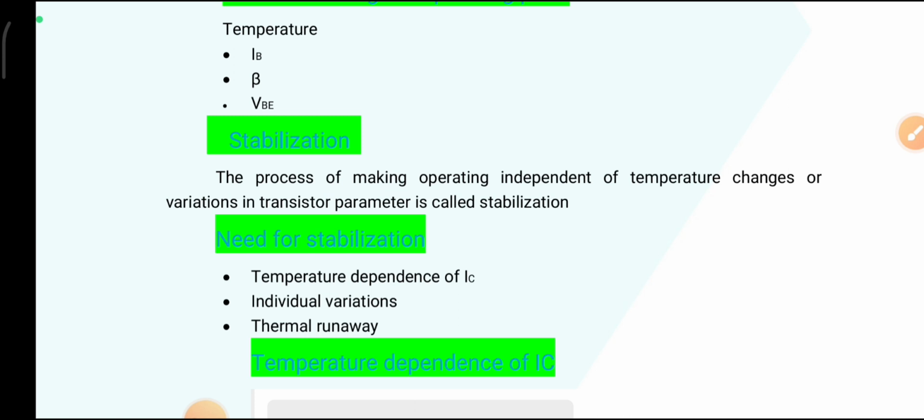So stabilization means the process of making the operating point independent of temperature change or variation in transistor parameters. I repeat, the process of making the operating point independent of temperature changes or variation in the transistor parameters is called stabilization.